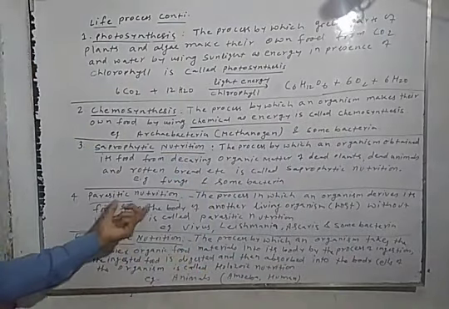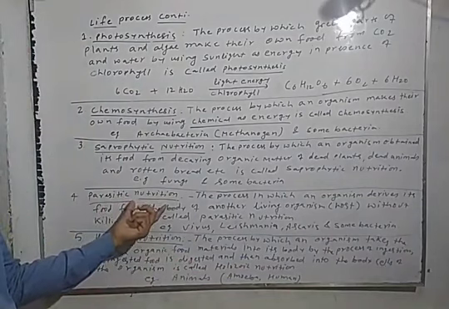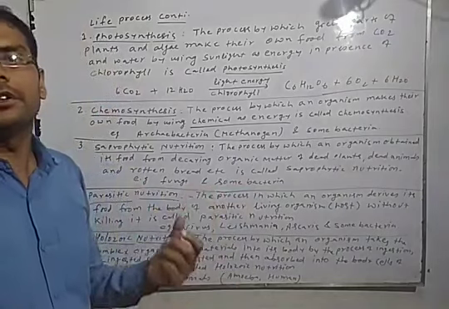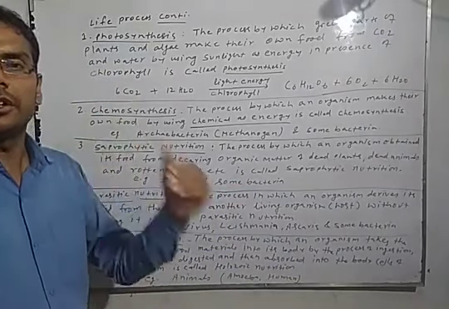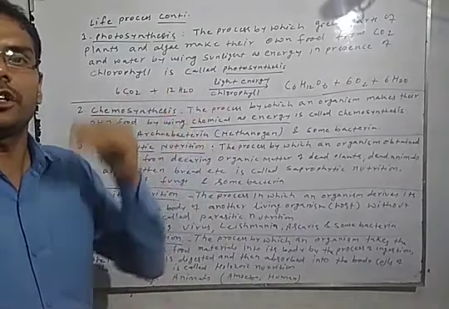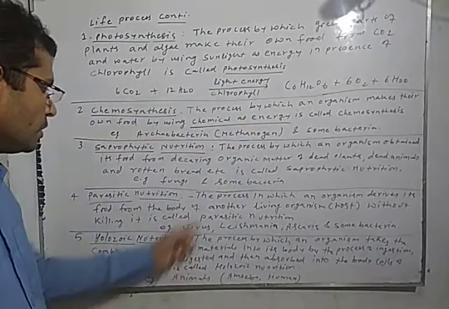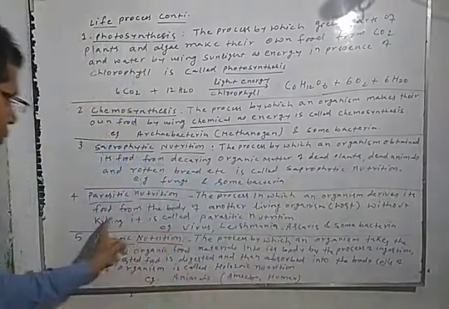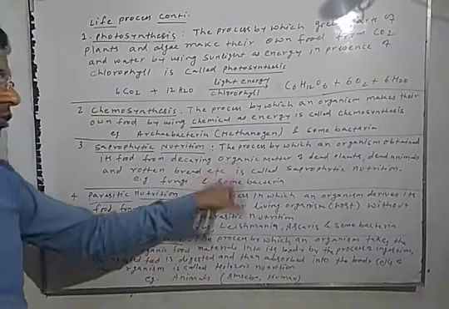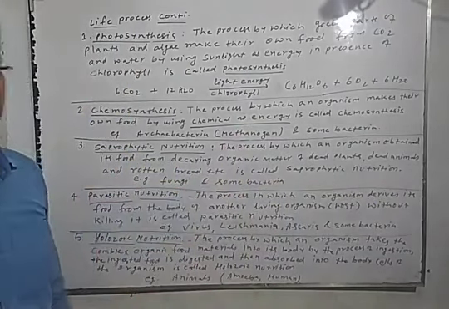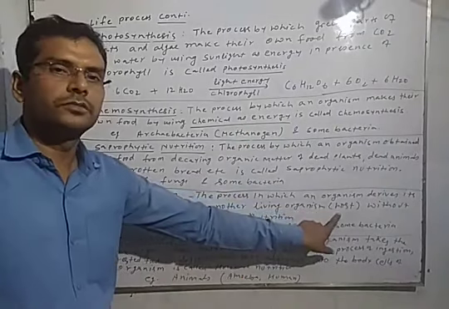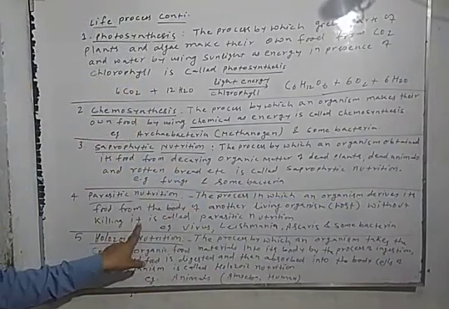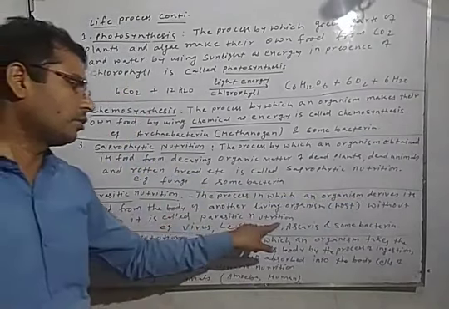Now next one, parasitic nutrition. In parasitic nutrition, the organisms obtain their food from other living organisms without killing them. The process in which an organism derives its food from the body of another living organism, called the host, without directly killing it, is called parasitic nutrition.